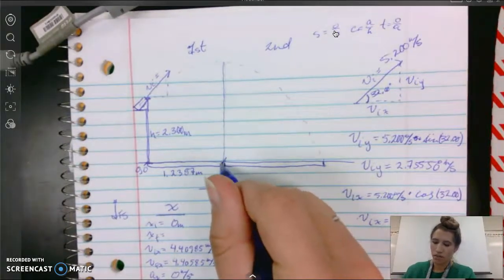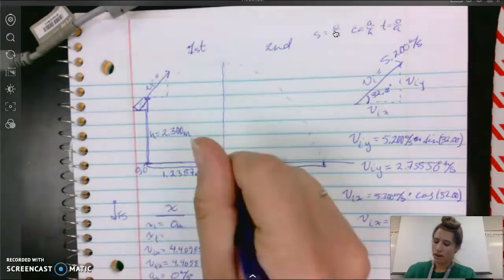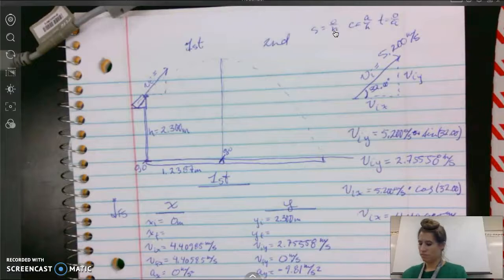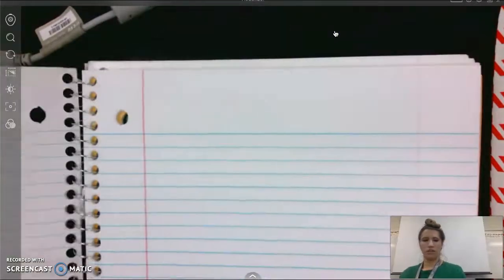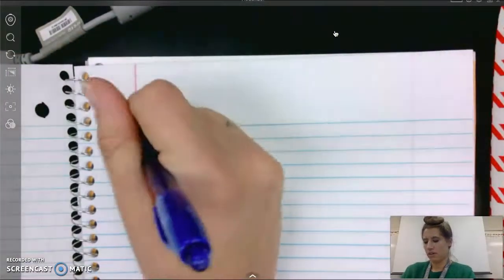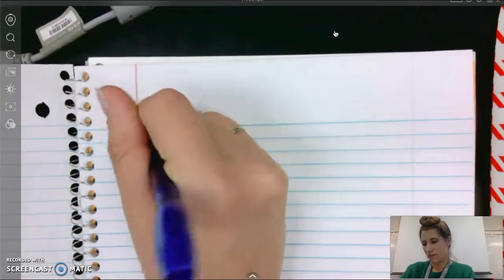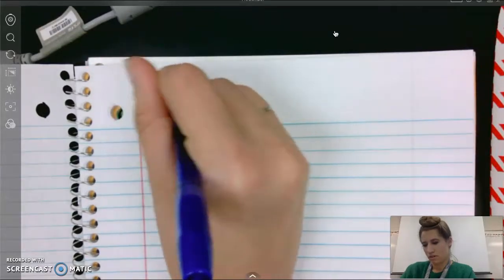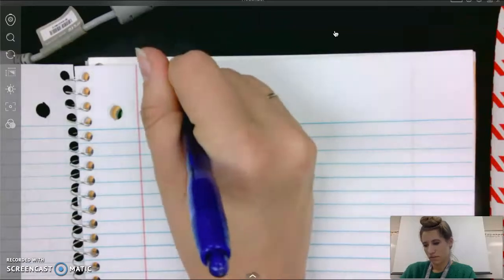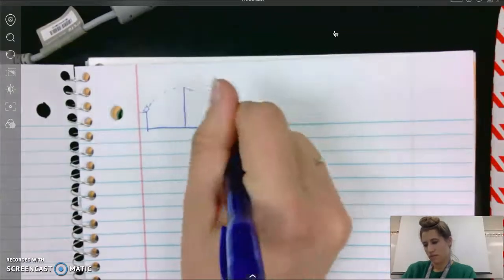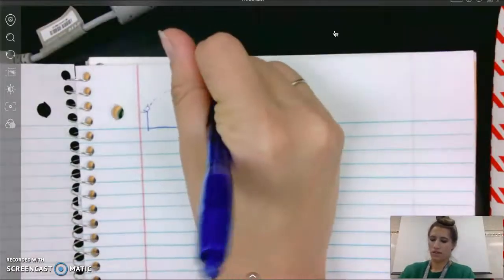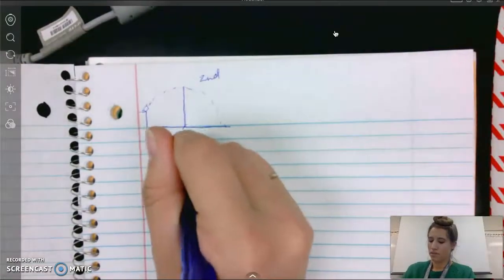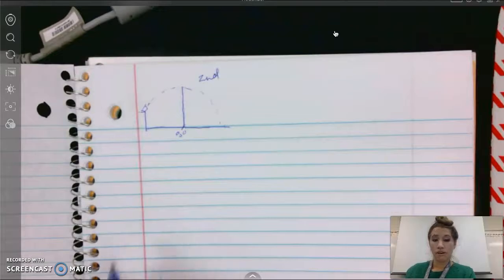For this example, I'm going to move it. So for the second half, my new origin is going to be right there. Okay, so I'm looking at the second half now, and we chose our origin to be right there. Let's make our lists.